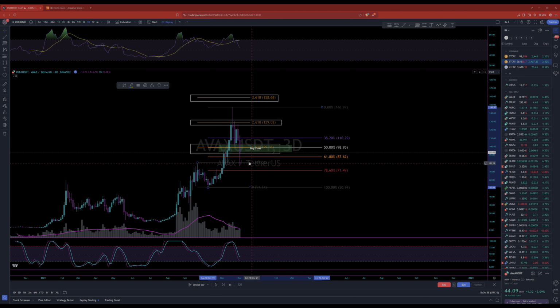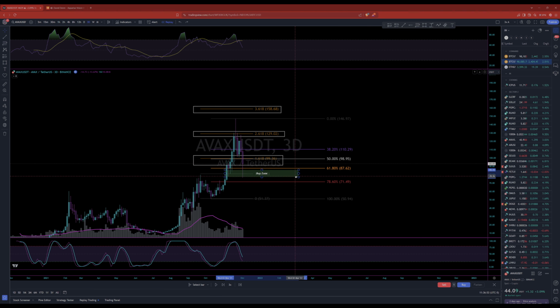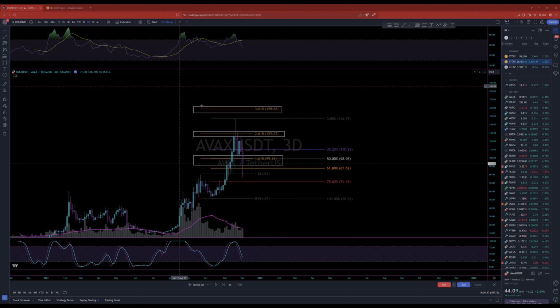Right in that area again, remember? Whoops. Right in that sexy area. 618, 786. But we have that top, and we have some new data points.